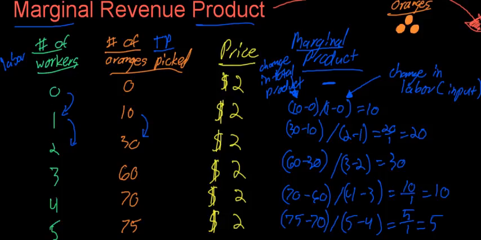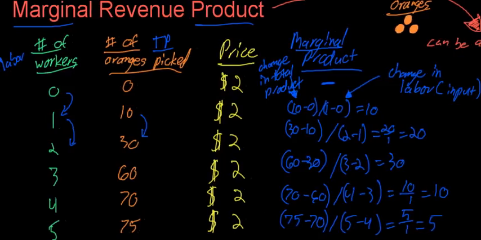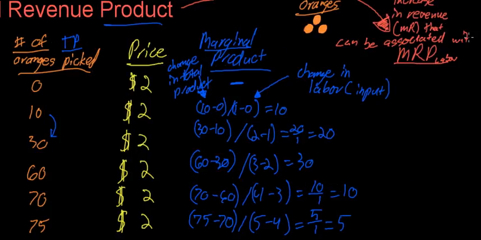So the marginal revenue product of labor is the increase in revenue, in other words, the marginal revenue, that can be associated with a 1 unit increase in labor.